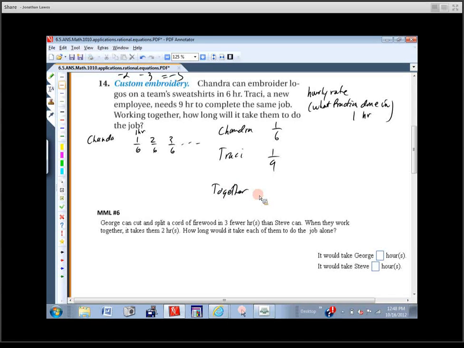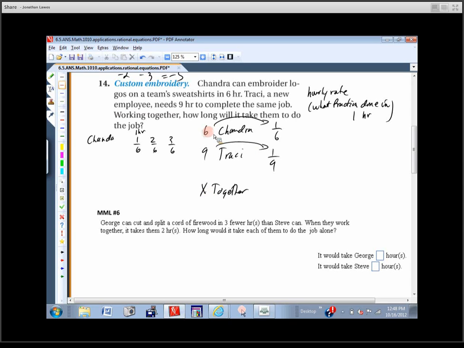Okay, well, let's back up and think about this. The reason we said it was 1/6 for Chandra is it took her 6 hours. So her hourly rate was 1/6. It took Tracy 9 hours, so her hourly rate was 1/9. Do we know how long it takes them to do it together? We don't. But what could we use to represent that? x.